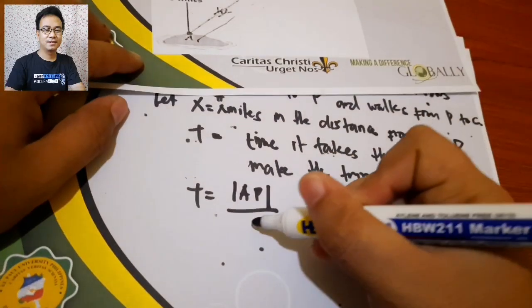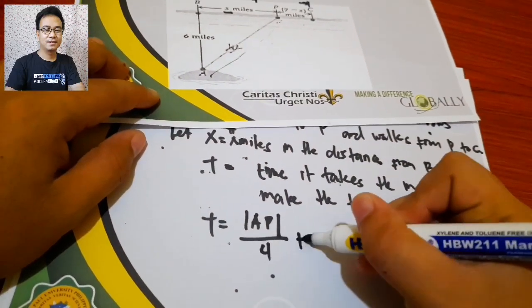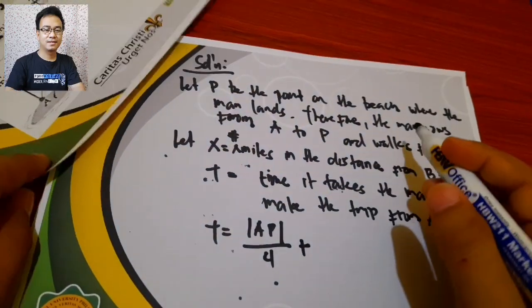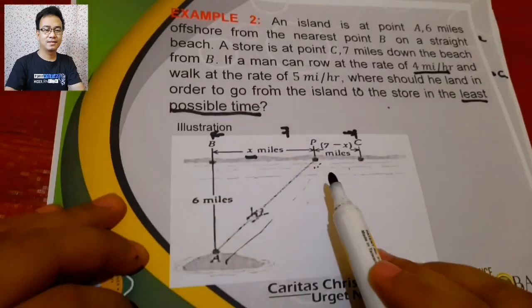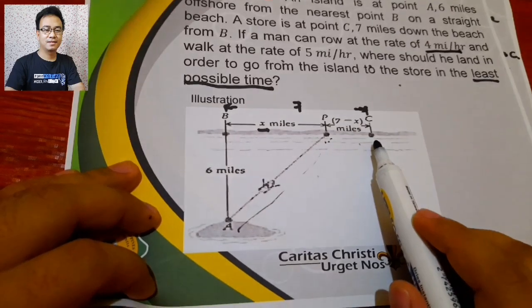So divide by 4 plus the time it takes to travel from point P to point C.